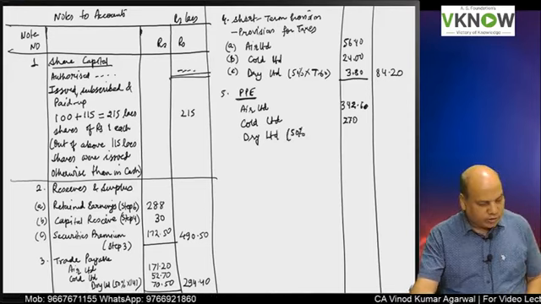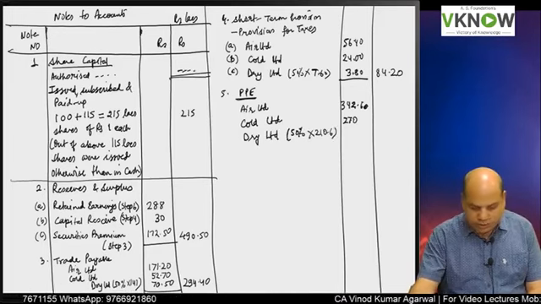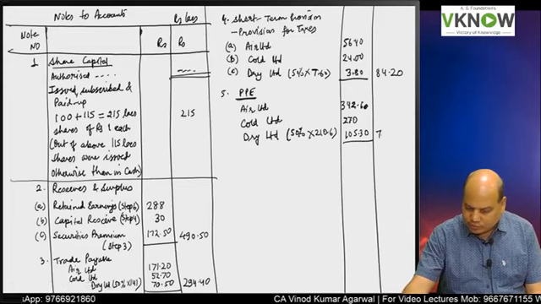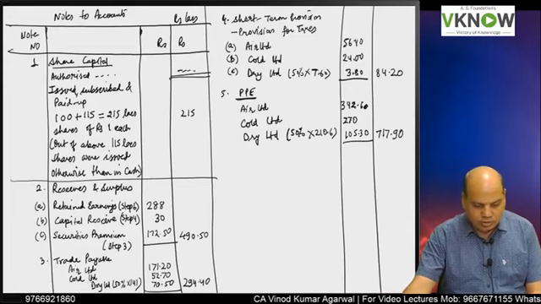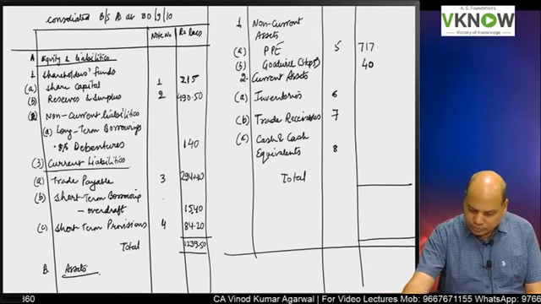Dry Limited is a joint venture, 50% of 210.60 is 105.30. The total is 717.90.